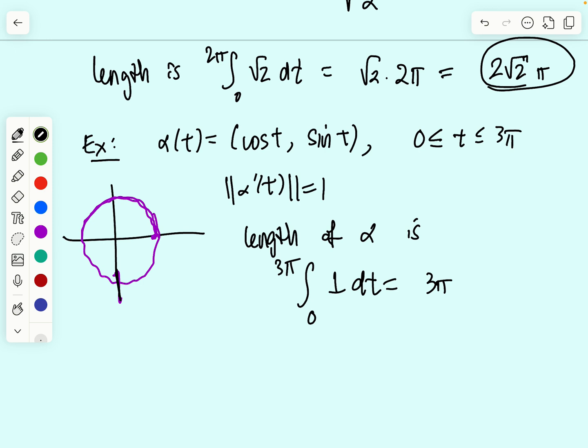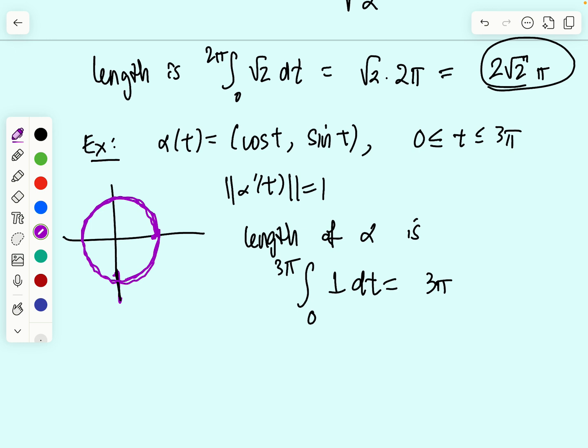You get the same graph, the same output of the function, if t goes from 0 to 2 pi instead of 0 to 3 pi, but you get a different parameterization of the curve. And so the length depends on the parameterization, which is kind of unfortunate because we would want the length to be 2 pi and not 3 pi.